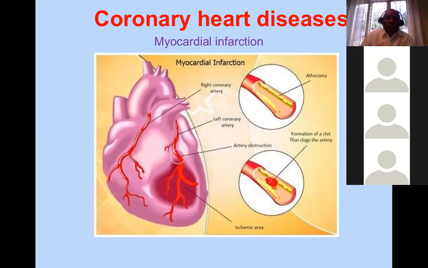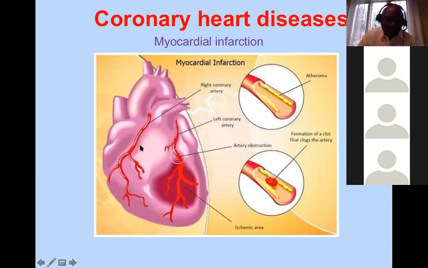Why morphine? Because the heart is hurting. So the morphine will help reduce the pain. The beta blocker will reduce the workload. The contraction will be less pronounced. The blood thinners will prevent the blockage. Okay, so these are some of the treatments that are used, and also you can put a stent.